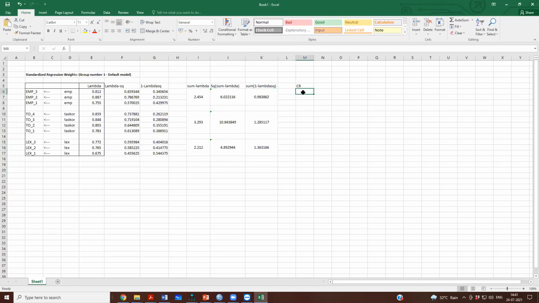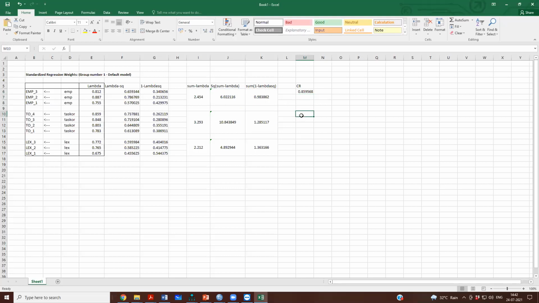So what is composite reliability? If you look at your formulas, it is sum of lambda whole square divided by sum of lambda whole square plus sum of 1 minus lambda square. So this becomes your composite reliability for EMP.